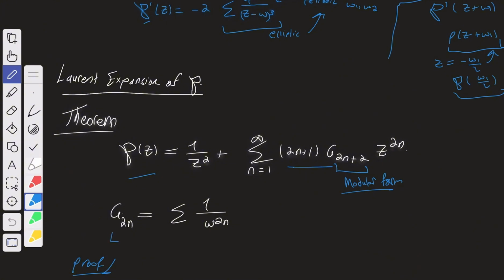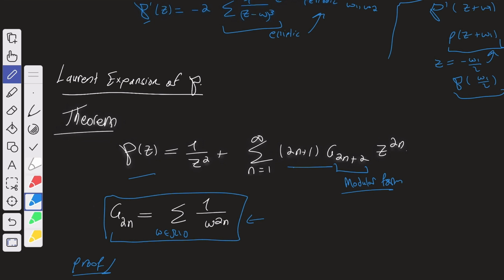So this thing that we're defining over here, g of 2n, is a sum over all the omegas that are non-zero, so these are the omegas that are in the lattice except for 0, and these things are our first candidates of modular forms and are in fact modular forms of even weights.